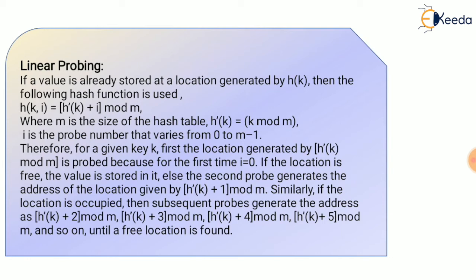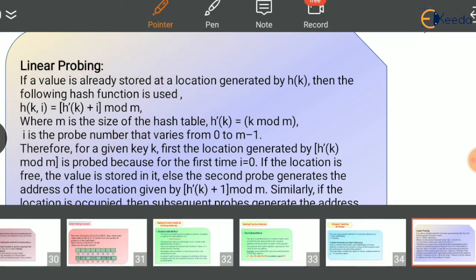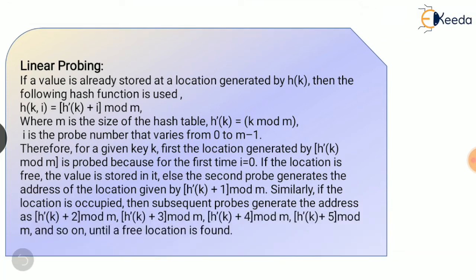So for that we are using this hash function, that is h(k, i) = (h'(k) + i) mod m.